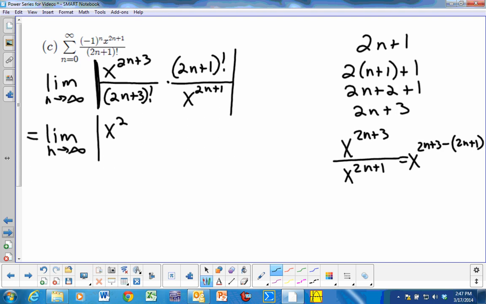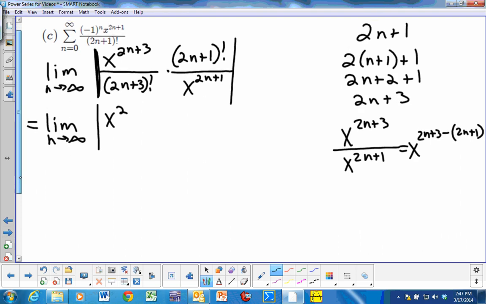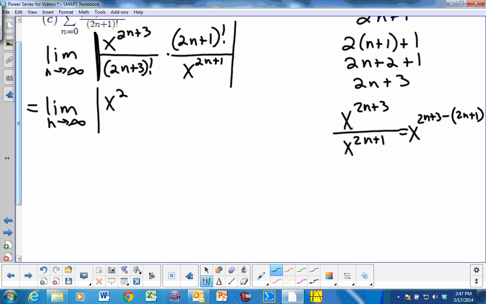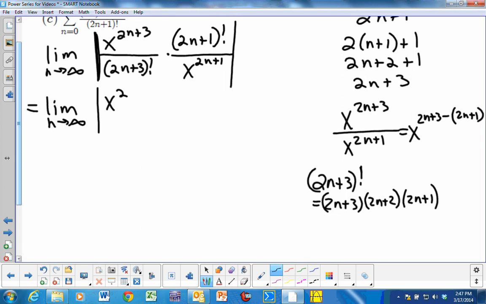Then we've got to figure out what we're going to do with our 2n plus 1 factorial and 2n plus 3 factorial. So again, think about what factorial means. 2n plus 3 factorial simply means 2n plus 3 times 2n plus 2 times 2n plus 1, and you would continue on like that, which is otherwise known as 2n plus 1 factorial.